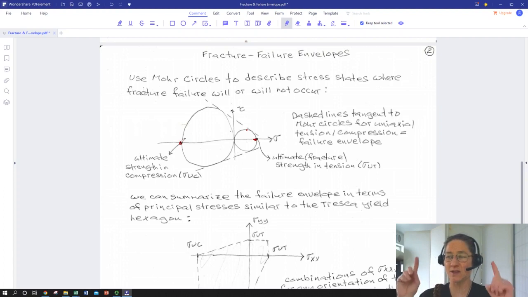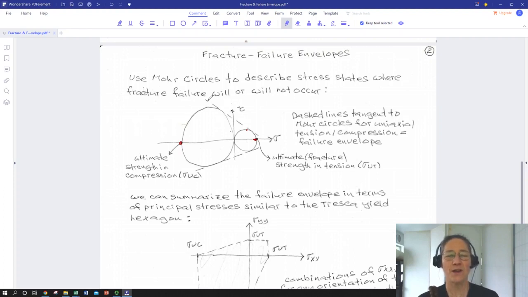So these two points are empirical data. Somebody went into the lab, took a tensile test specimen, stretched it, squished it in one direction, and came up with those two numbers. And because we knew it was uniaxial, we were able to construct a Mohr circle.